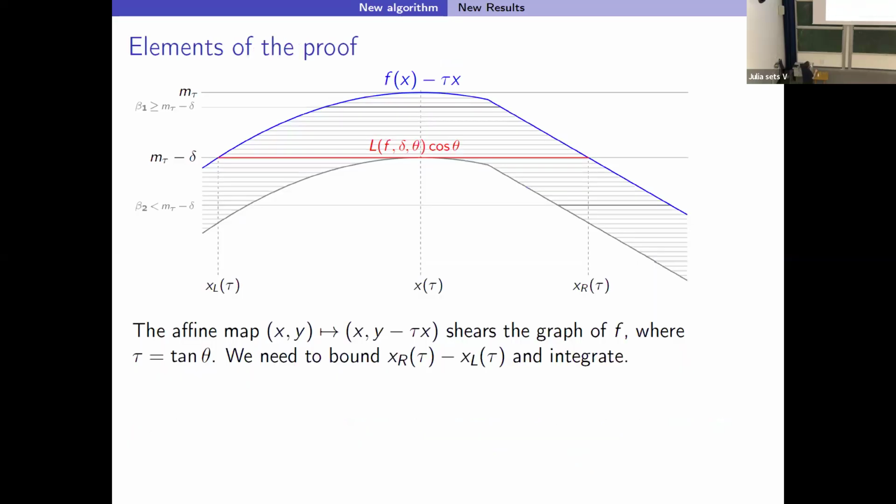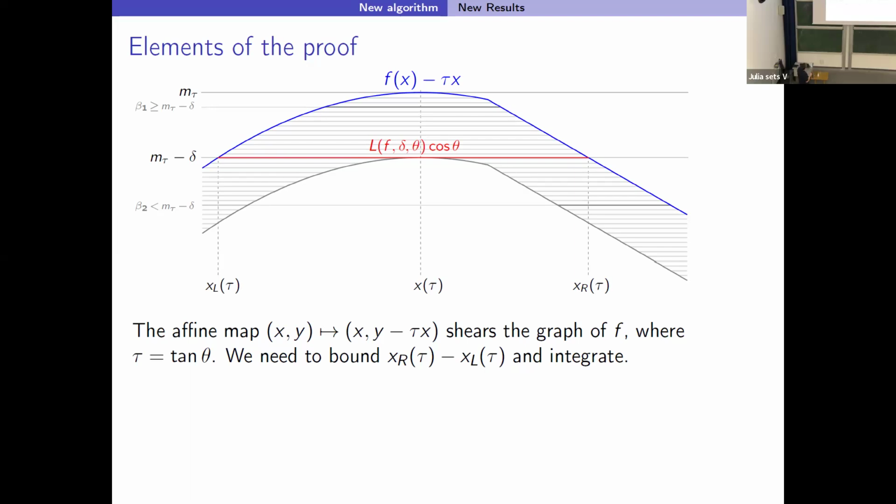Well, let's go back to this concave map. We add this linear map. So our segment, which had slope tangent of theta, which here is tau, becomes horizontal. And we want to estimate the distance from the left point to the right point, the average of this distance.